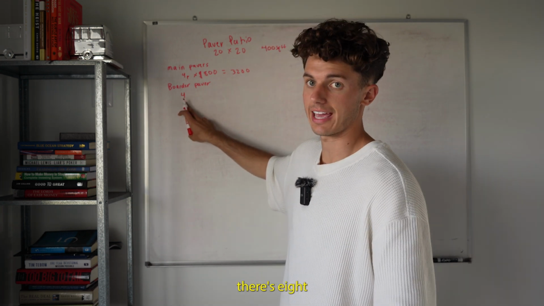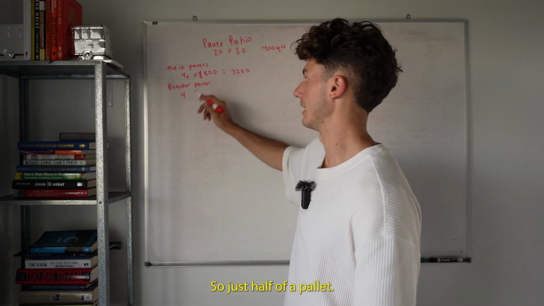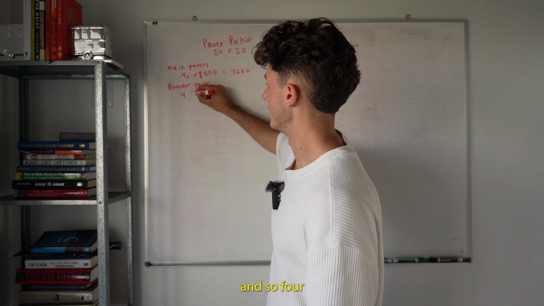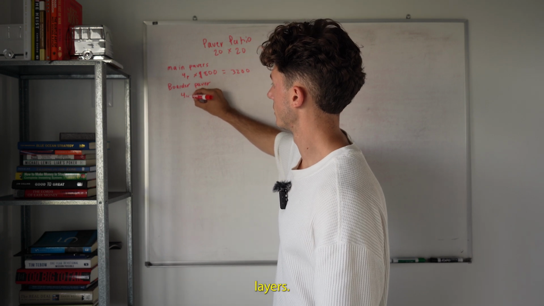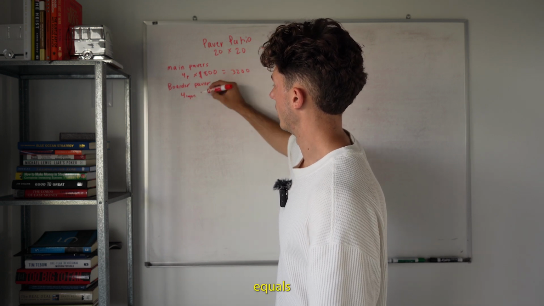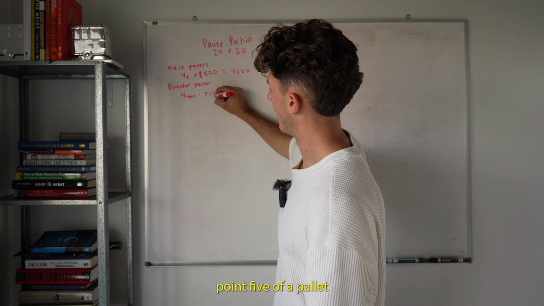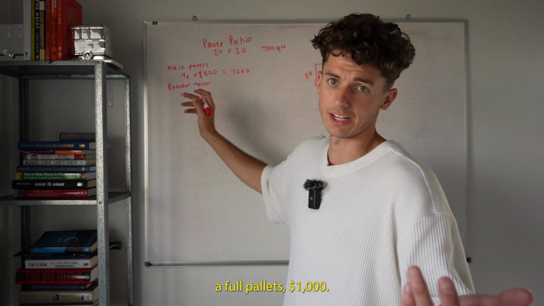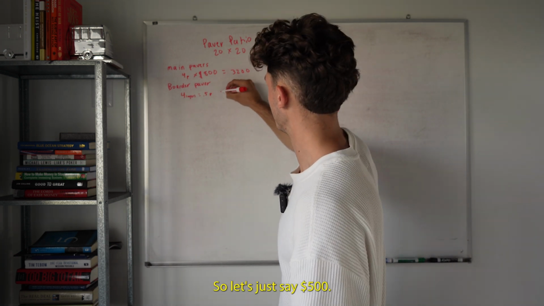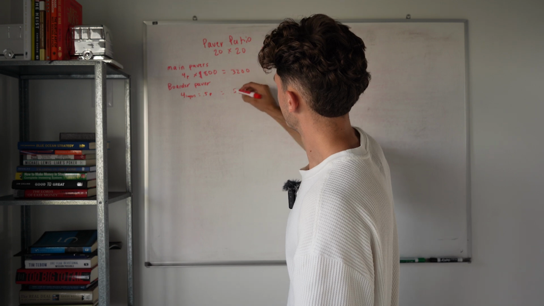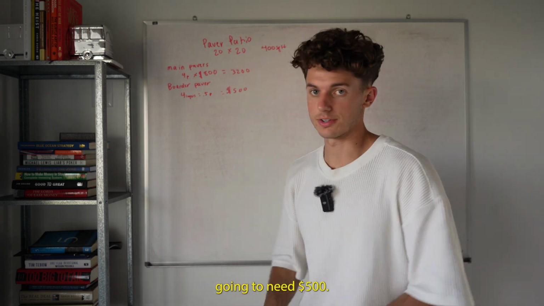And remember, there's 8 layers per pallet, so just half of a pallet. A full pallet's $1,000, so let's just say $500. So we're going to need $500 in our border paver.